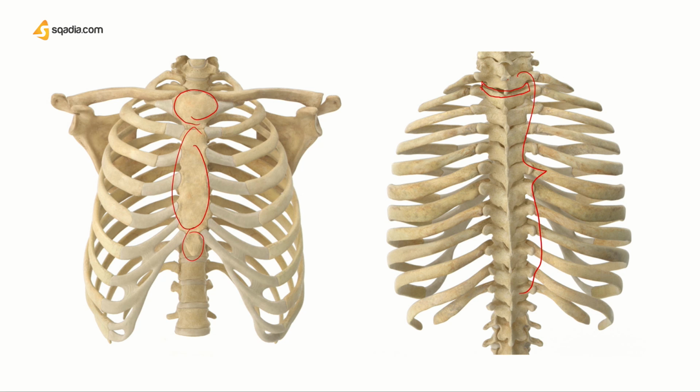Each thoracic vertebra articulates with a bony rib that curves around first anterolaterally. So as you can see, it's moving in two directions.